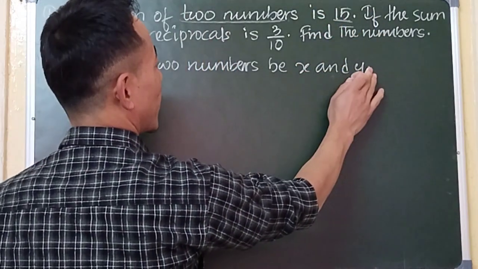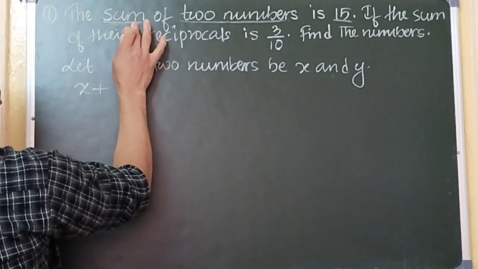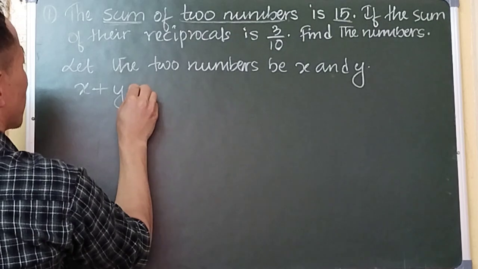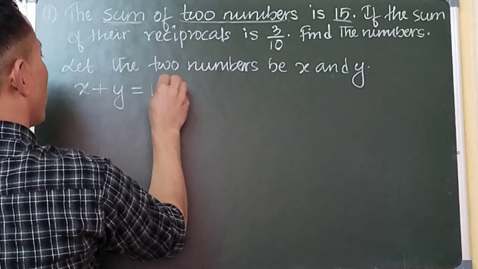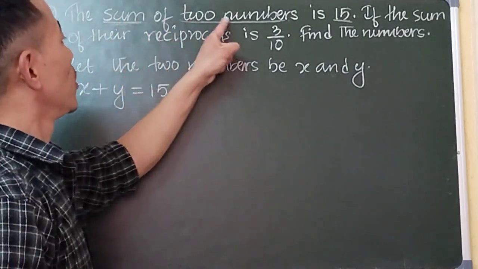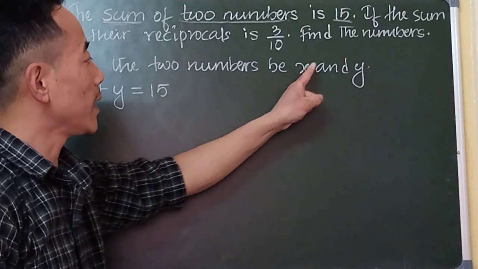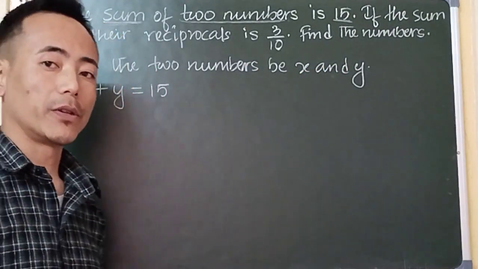We have taken x and y, so if you take the sum, remember it means addition, the sum of the two numbers, that is x plus y in our case, has to give us 15. So the first sentence, the sum of two numbers is 15, and our two numbers are x and y. So when you add x and y, we will get 15.